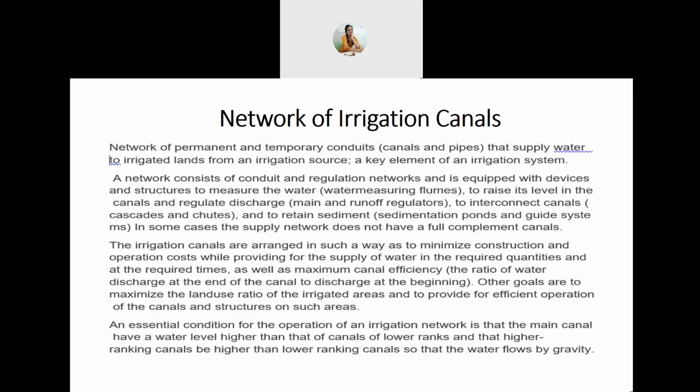Other goals are to maximize the land use ratio of the irrigated areas and to provide for efficient operation of the canals and structures on such areas. An essential condition for the operation of an irrigation network is that the main canal have a water level higher than that of canals of lower ranks, and that higher ranking canals be higher than lower ranking canals, so that the water flows by gravity.